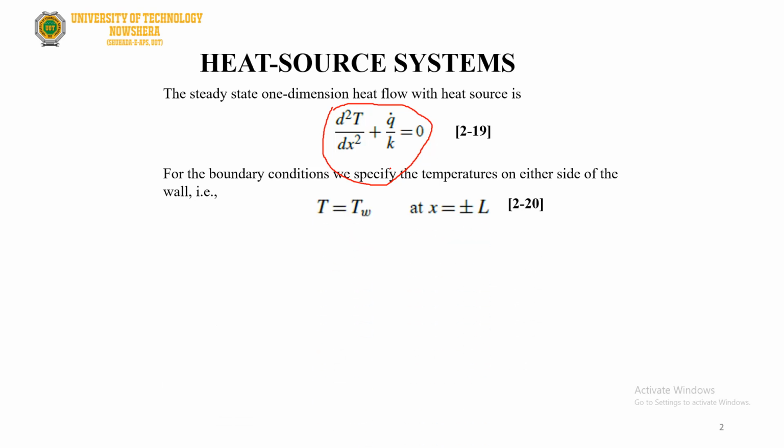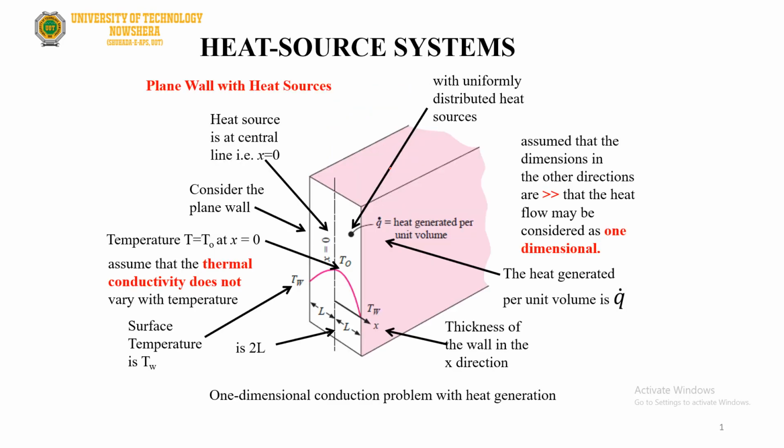Okay, so before integrating this equation, let's discuss some boundary conditions. By looking at the geometry, we can say that boundary conditions are that, for example, when we are at distance L, or we can say when x is equal to L, the temperature of the wall is Tw.